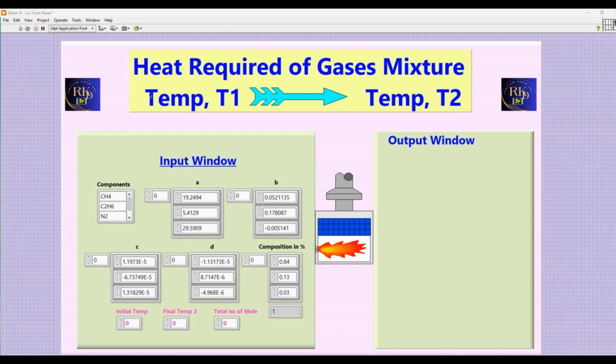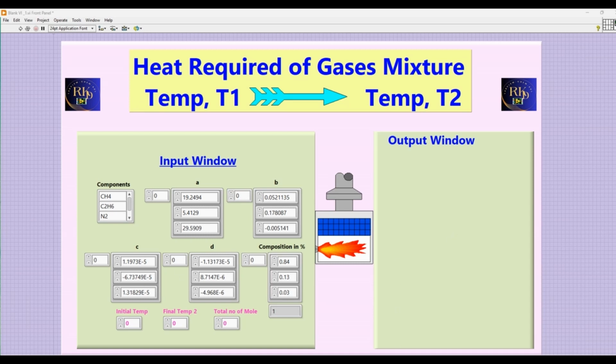So for that, the minimum data required to calculate the heat requirement is the composition of the gases. What are the components we have, as well as we should know the A, B, C and D coefficients. And we should know the temperature from where to where we want to change, and the total number of moles.